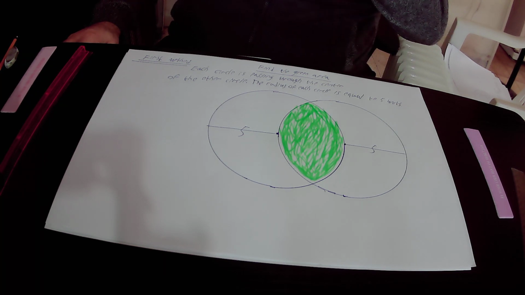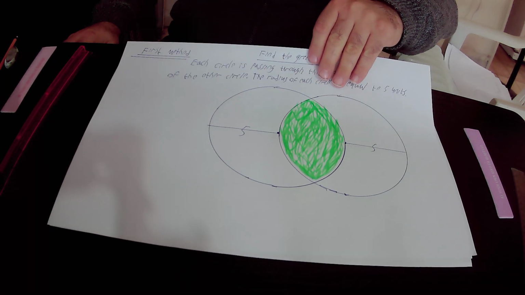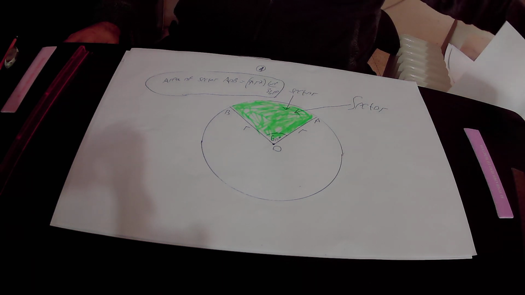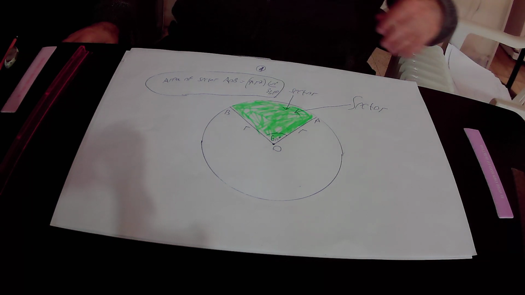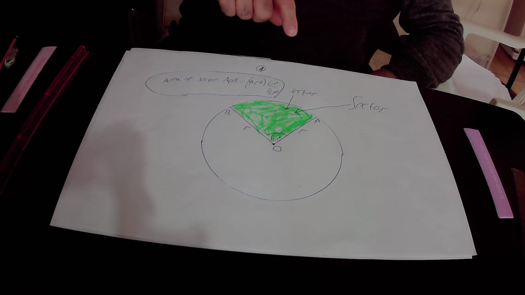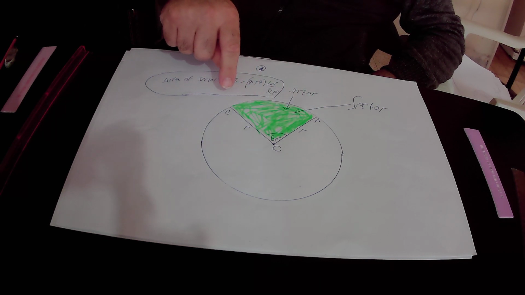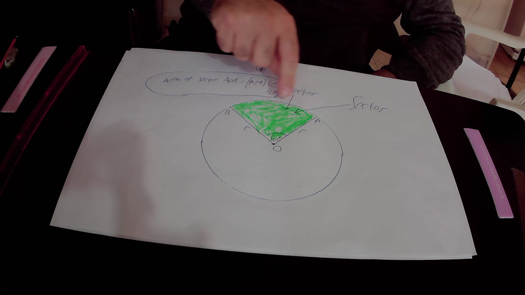but before that I will explain to you what is sector. Sector is the area that is bounded by two radiuses and the arc that is between those two radiuses.